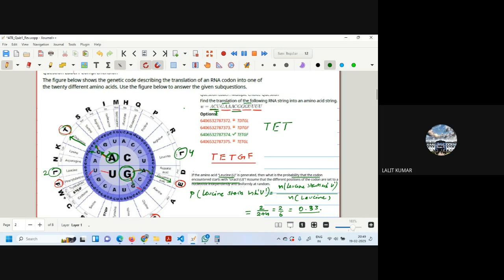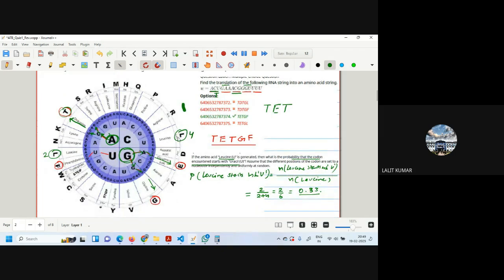I go to G, then G, and from G, I go to U. This is G. And then UUU. I go to U, from U to U, and this corresponds to F. So this is how we decode this.